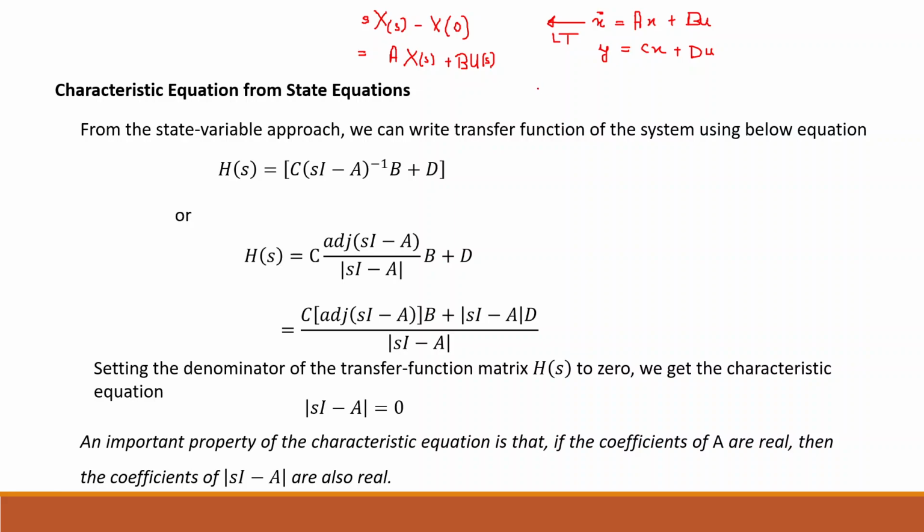Now simplifying the terms, since we are considering transfer functions, the initial conditions are completely relaxed to obtain a transfer function. So to relax the initial condition, this term becomes 0. Now simplifying, we can say X(s) equals (sI minus A) inverse B U(s).